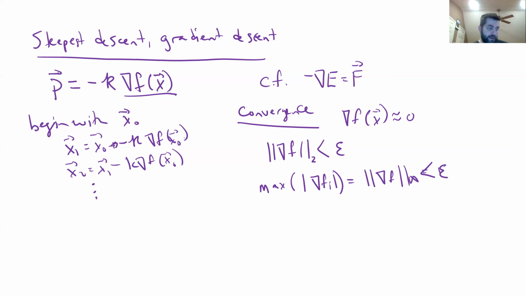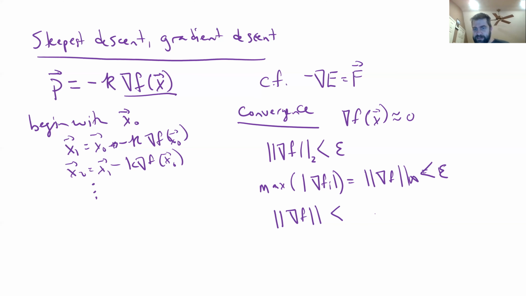Right? And there are many other possibilities. There are possibilities where we might try to factor in the magnitude of the gradient. If the gradients are large, especially if we have a big vector, maybe for a big vector it's harder to define what an epsilon is. Or if the value of the function is large, maybe the magnitude of the gradients we might expect to be proportional to that in some sense.